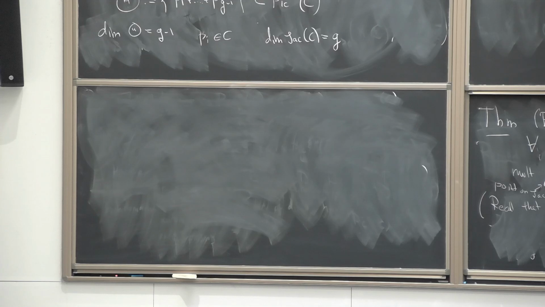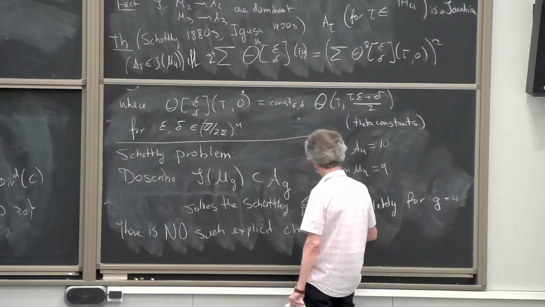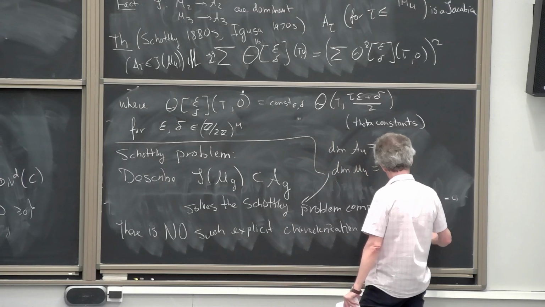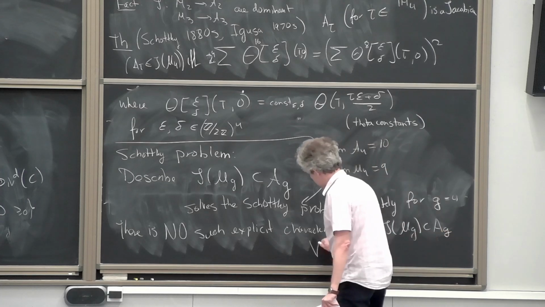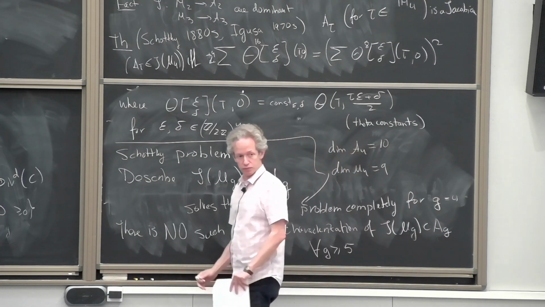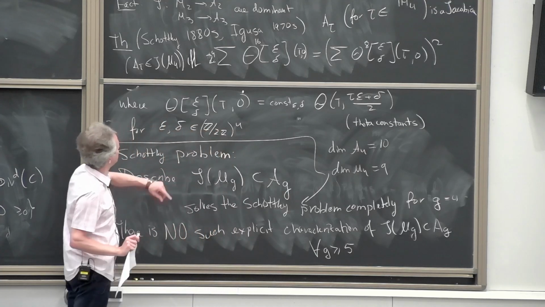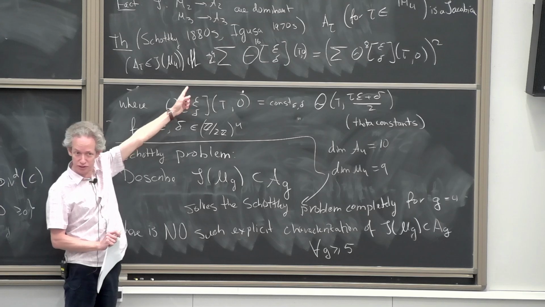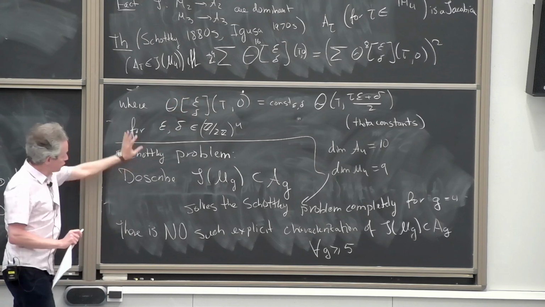There is no such explicit characterization of the Jacobian locus within the moduli space of abelian varieties for any g at least 5. I mean, we haven't made progress, you might argue, in 150 years now, 140 years, right? That's not quite true. But nothing like that is known.